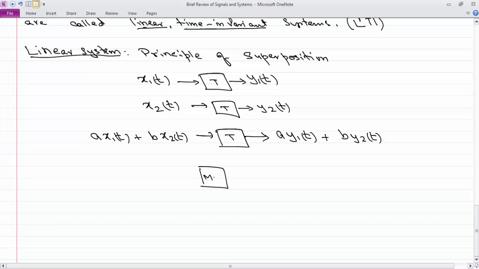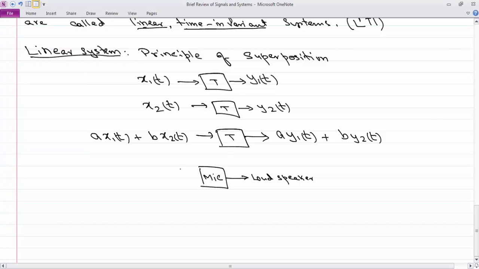Let's say you have a mic and the mic is recording something and you are generating that on a loudspeaker. Now, if I speak on that mic, you hear something. If one of you speak, you hear something else.